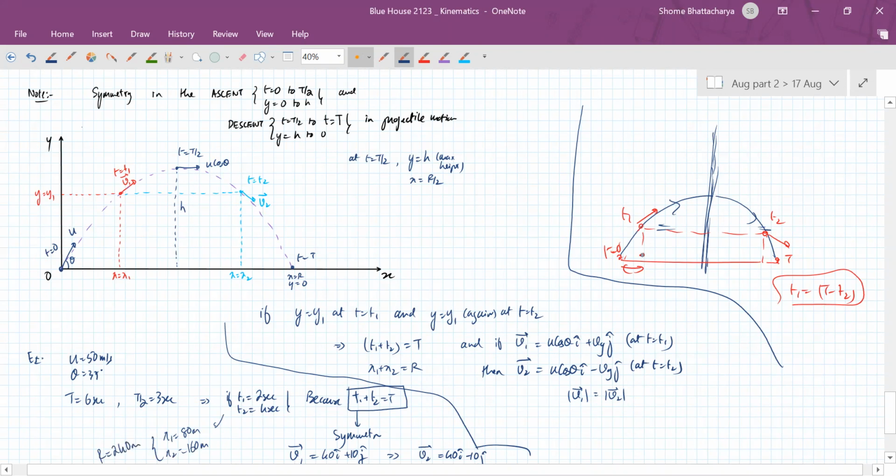So basically, again, see that symmetry applies. If this point of time and this point of time are symmetrical here, then this distance from 0 to x1 should be the same as this distance from x2 to R. Because the second part is like a mirror image of the first part. So x1 should be the same distance as R minus x2.